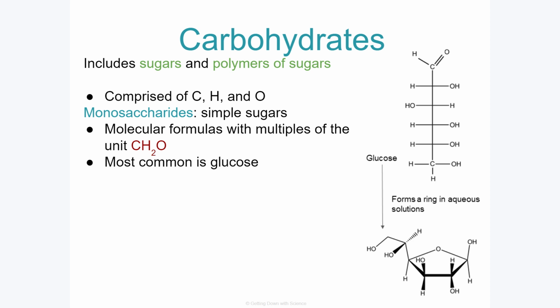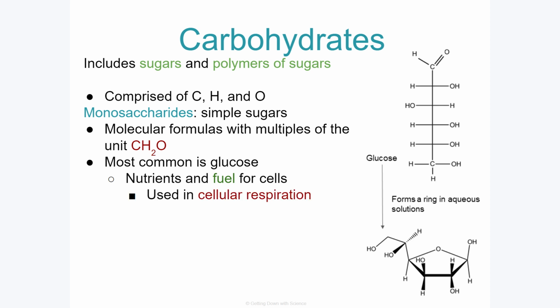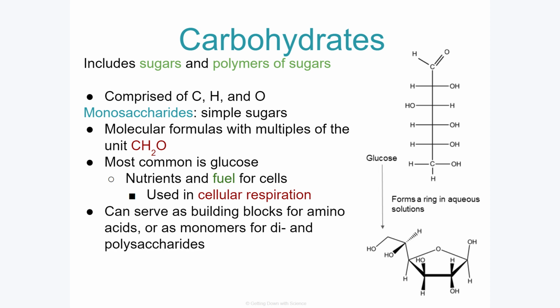The most common monosaccharide is going to be glucose. And this serves as a nutrient and fuel for almost all cells. We see this glucose used in cellular respiration, which is what cells do to produce ATP, or the energy source, to keep them going.